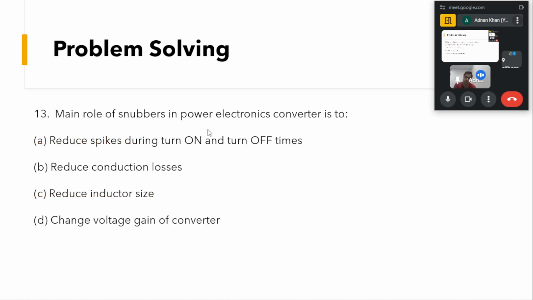The main role of the snubber in power electronics is to convert. We are discussing this right now. Can anybody answer this question? Nobody?